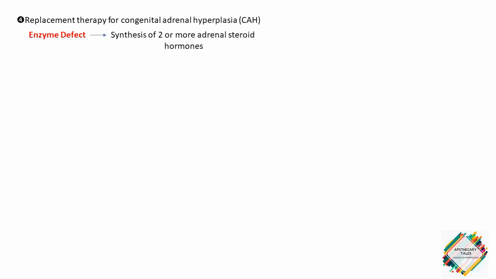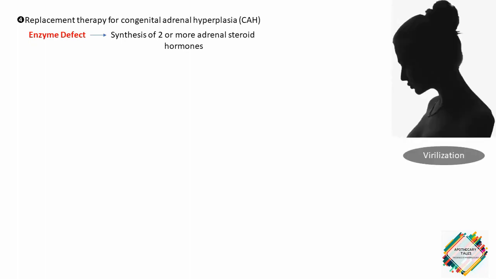Next, it is used in the replacement therapy for congenital adrenal hyperplasia. Congenital adrenal hyperplasia is a group of diseases resulting from an enzyme defect in the synthesis of one or more of the adrenal steroid hormones. It may lead to virilization in females due to the overproduction of the adrenal androgens.